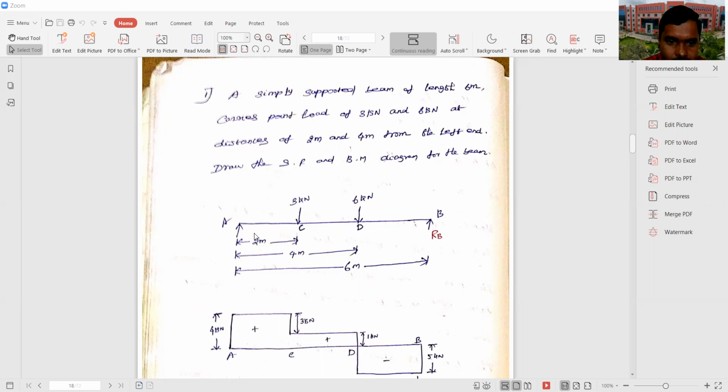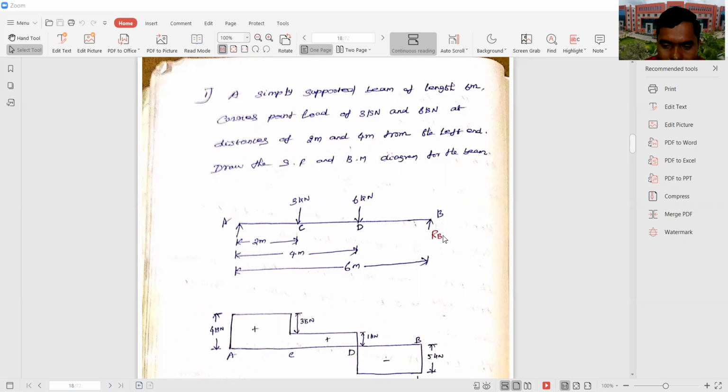Now, the first step is to calculate the reactions. For that, you should use two equations. One is sum of the moment at A equal to 0, or sum of the moment at B equal to 0. Another equation is sum of the vertical upward forces equal to sum of the vertical downward forces. Suppose at point A the reaction is RA and at point B the reaction is RB.